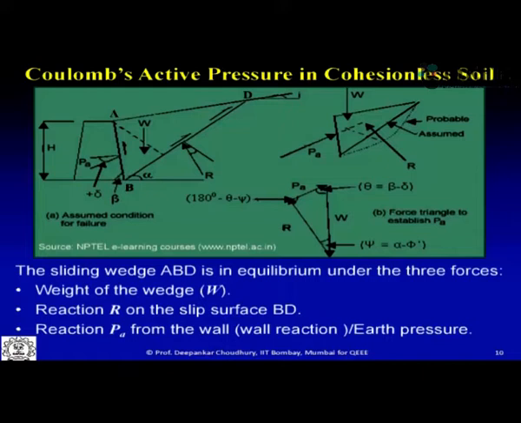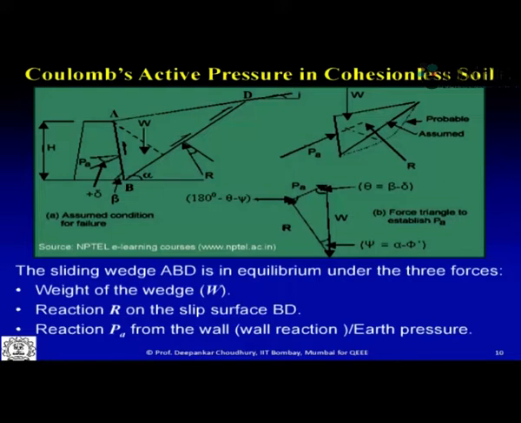Because of that relative movement, you can see over here the forces acting in the system: the weight of this failure zone or failure wedge, W. This side is the active earth pressure, and this side you have the soil reaction, that is the interface movement between this block of soil failure with respect to the surrounding stable soil zone.